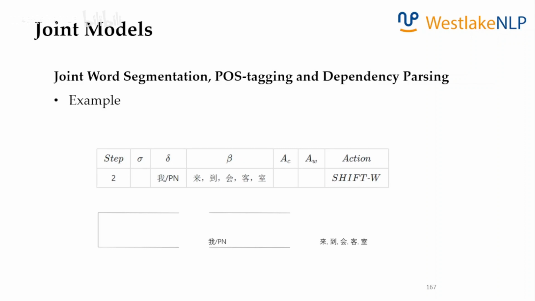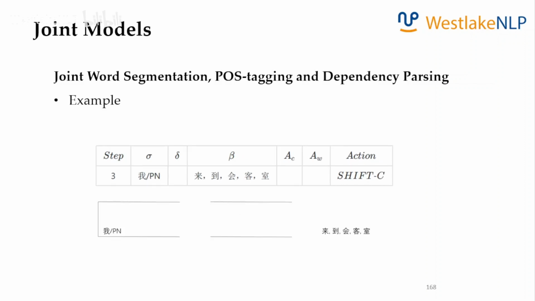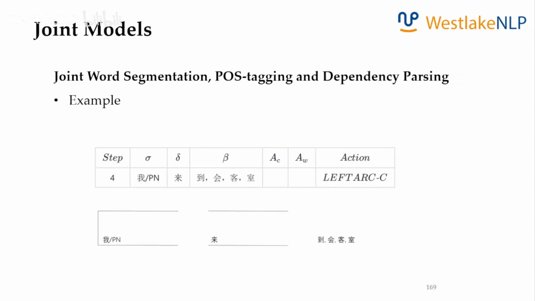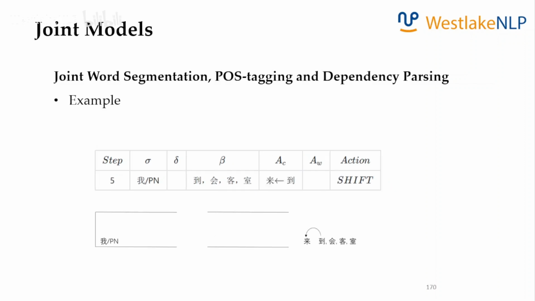And then I next handle the next character 来. Okay. I first shift Lai onto sigma. And then I perform a left arc, okay, to make Lai depend on Dao.